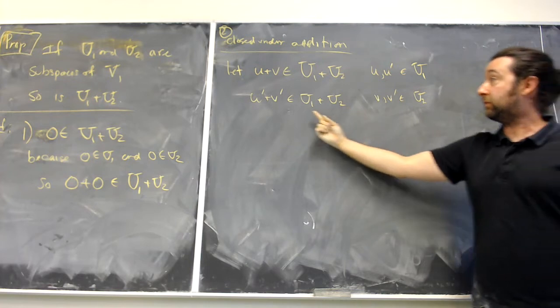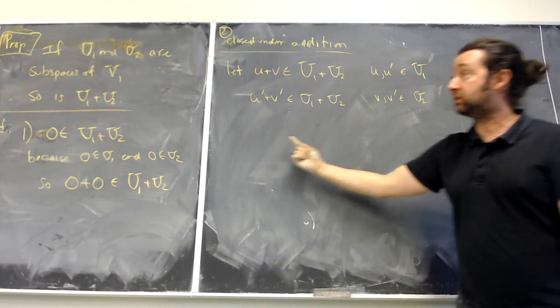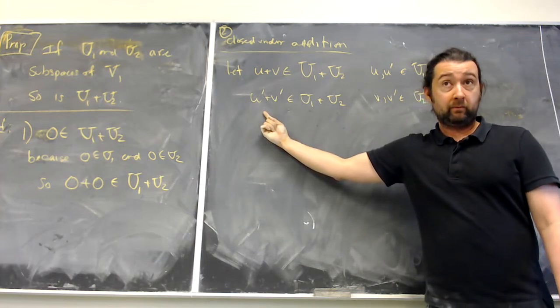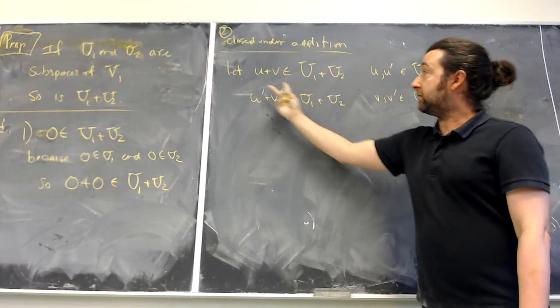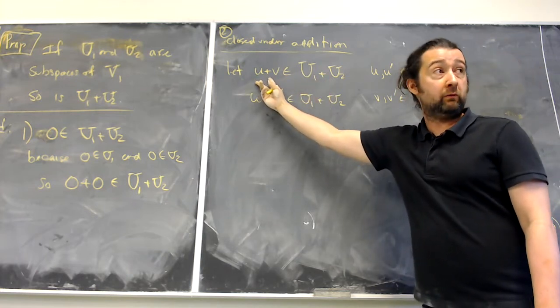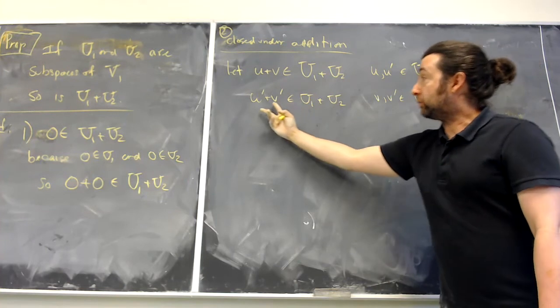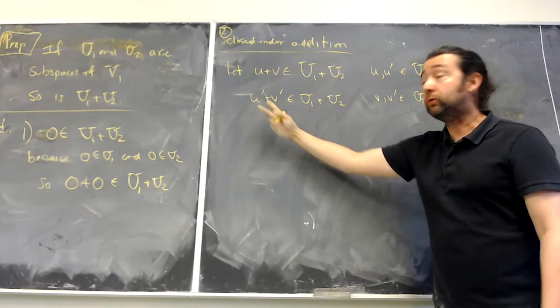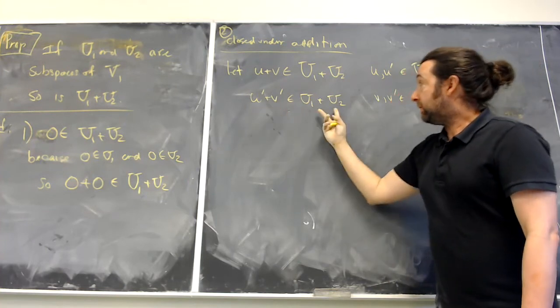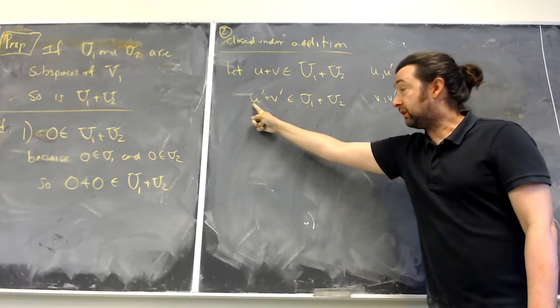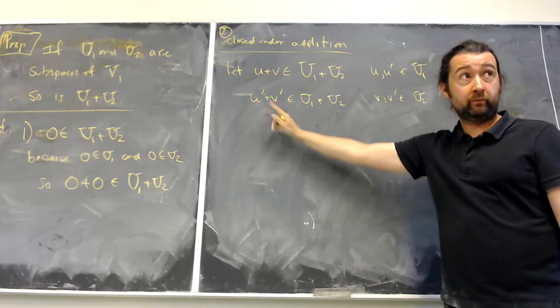It means you have a piece that comes from the first set and a piece that comes from the second set added together. So if you select a random element from this, this is what it looks like, where u is in U1 and v is in U2. If you select another random element to add to it, you've got another random element in the same set sum, again u in U1, v in U2, okay?